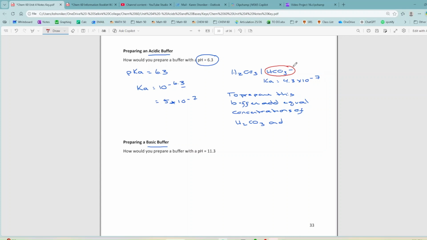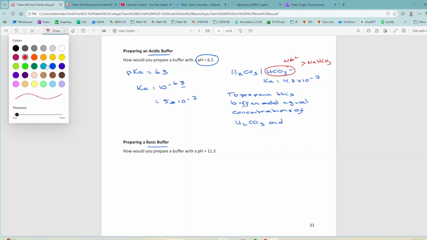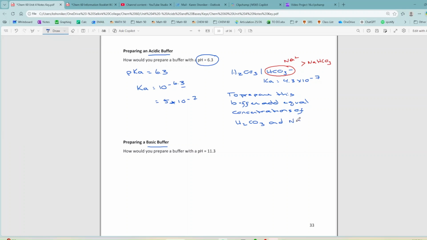So you would have to combine this with a cation that's going to keep it soluble. So I'm going to add sodium to it to form sodium hydrogen carbonate, or NaHCO3. So I'm going to add equal concentrations of H2CO3 and NaHCO3 to solution. And that's how I'm going to create this acidic buffer. So just be careful anytime you're adding ions to solution, make sure you add them as a salt, right? So make sure you add some sort of soluble ion that's with it.